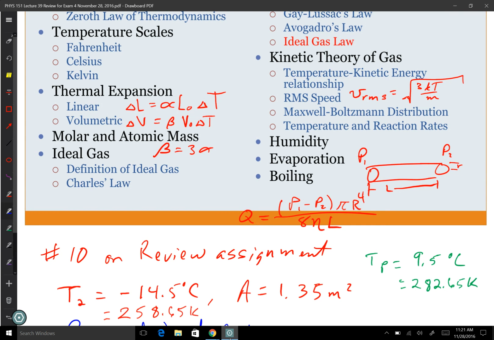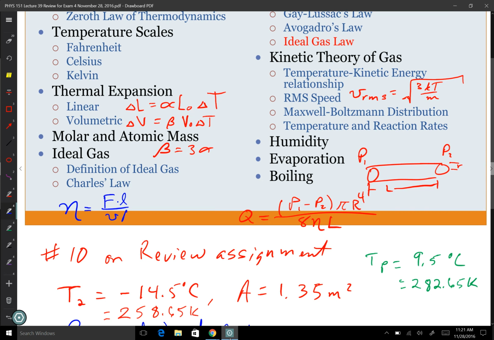There were a number of people who used another equation, the definition of viscosity, and then they called that V times A the flow rate. But that's not what it is. V times A is the flow rate, but that's the speed of the fluid times the cross-sectional area of a pipe. But in this equation, that A was the surface area.